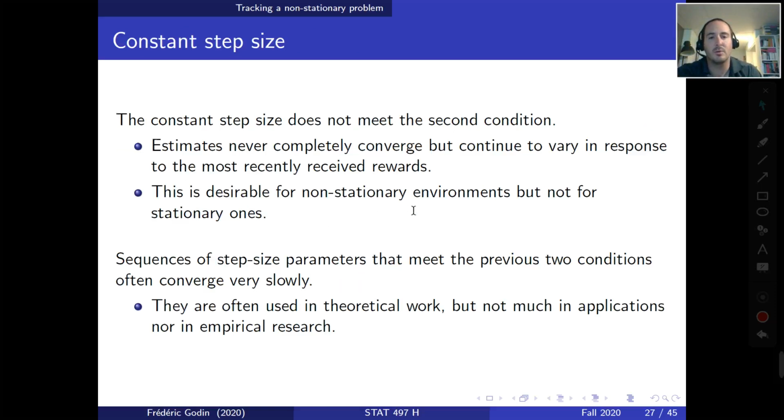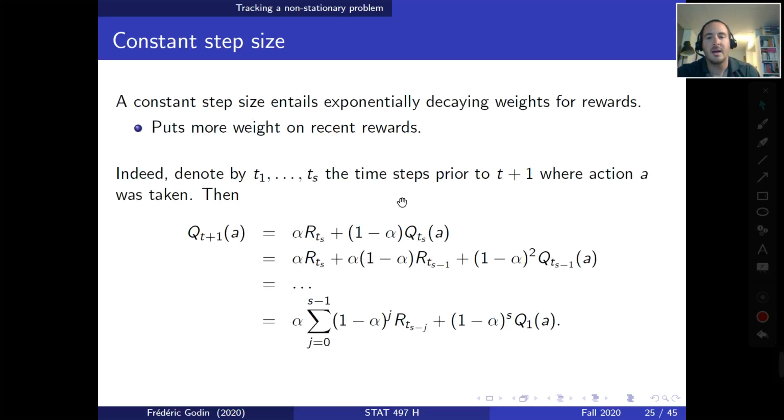If we go back a few slides to the weighting scheme, we have that our current estimate is the sum of exponentially weighted rewards. The expectation of the reward term is clearly the true expected reward. But here we have this term Q1(A), which appears in that sequence. So if Q1(A) is different than Q*(A), then this term will cause bias for the expected reward of action A.